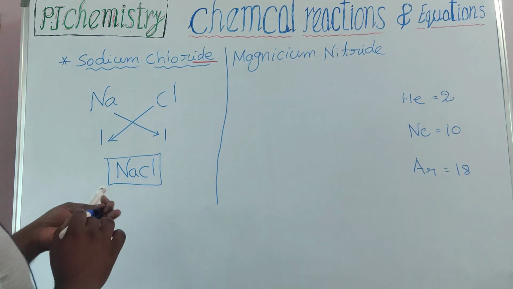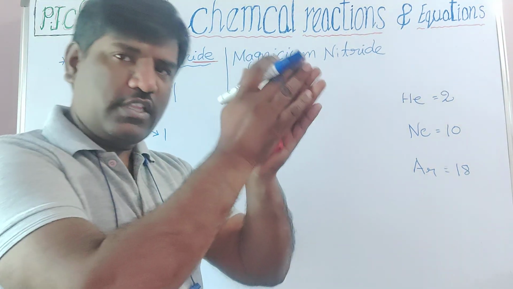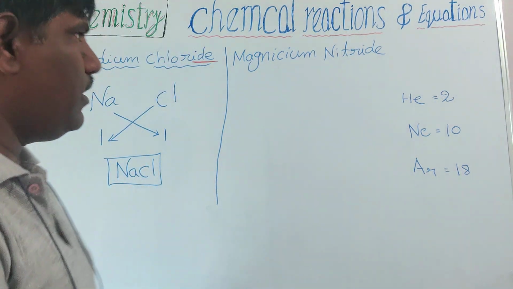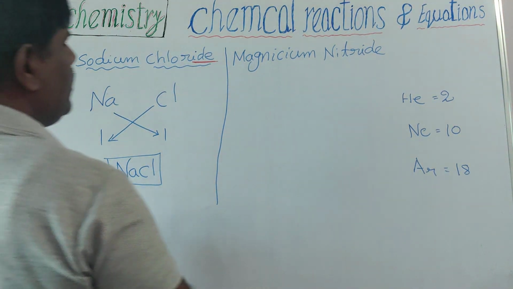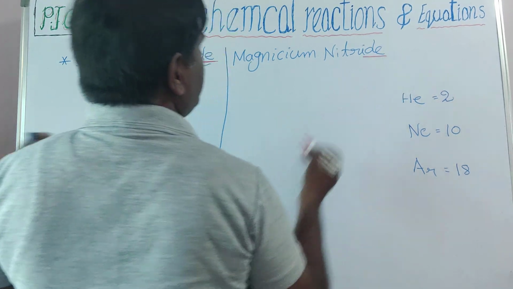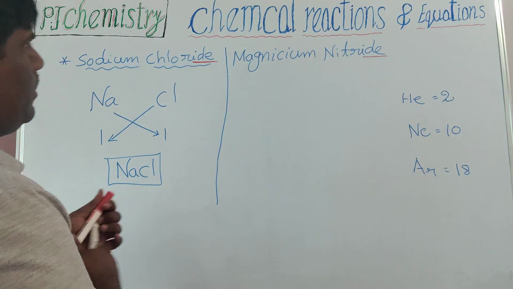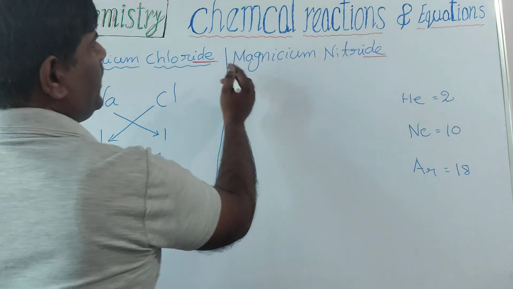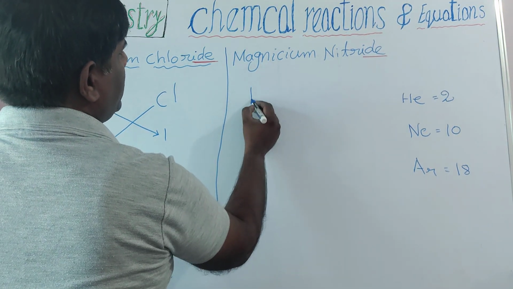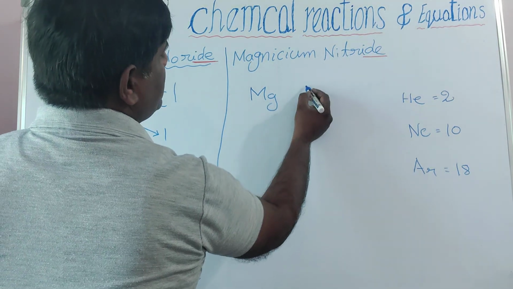Immediately I noticed the ending, ide, which means we should take that particular element only. So nitride means nitrogen. Magnesium, complete name, symbol is Mg. Nitride means nitrogen.